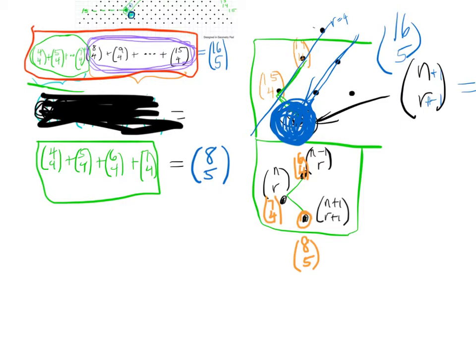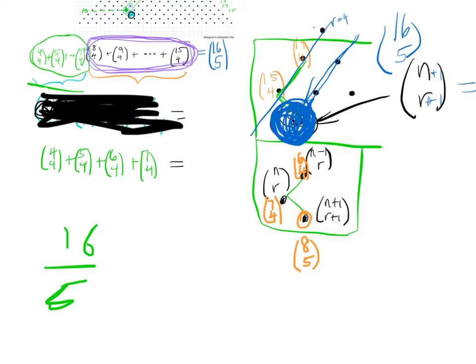You subtract this one from this one. You said it backwards, but yeah. Okay. So it goes 16 choose 5.